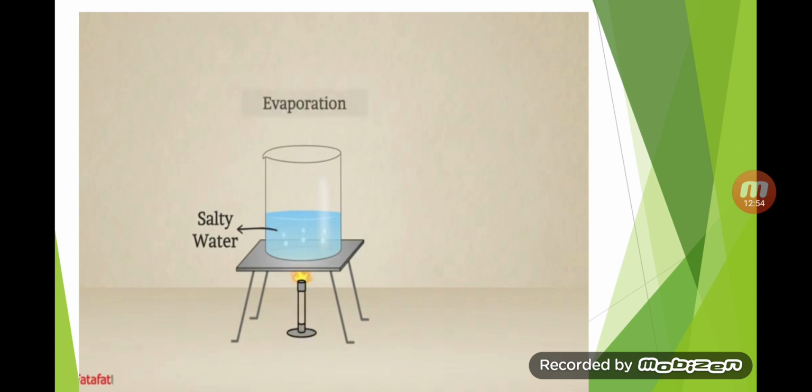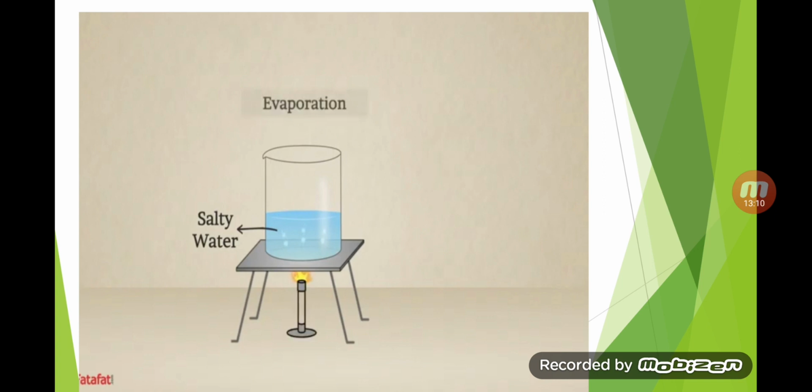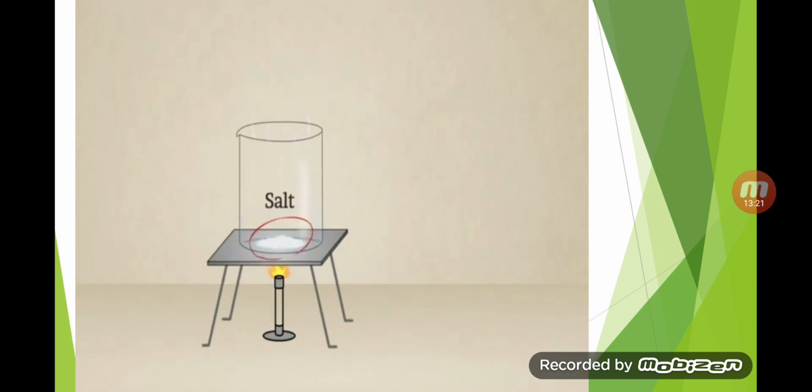After some time, when the water gets heated, it starts boiling and converts into vapor. All the water starts converting into vapor, and finally you can see that many water vapors are coming out from the layer of water, and finally you will get the salt at the bottom of the beaker because all the water gets evaporated at 100 degrees Celsius.